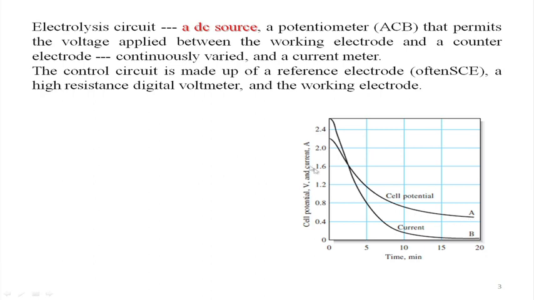That means the rate of decrease of cell potential is not linear or monotonous, but it ultimately reaches, at around 18 or 19 minutes, say 0.5 or some value. So, starting from 2.2 we are reaching a point of 0.5. This is the decrease in the cell potential.